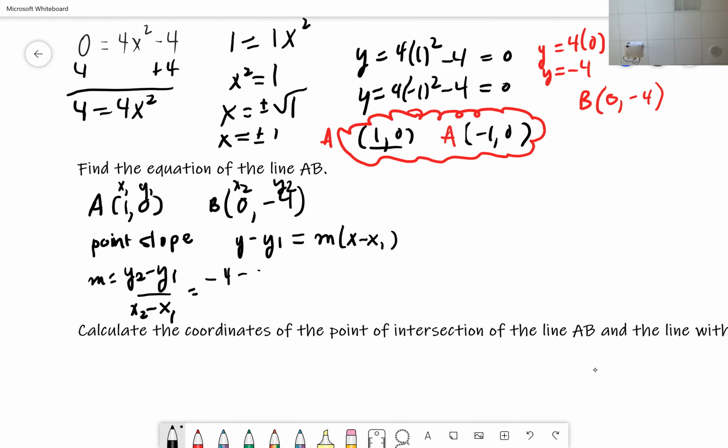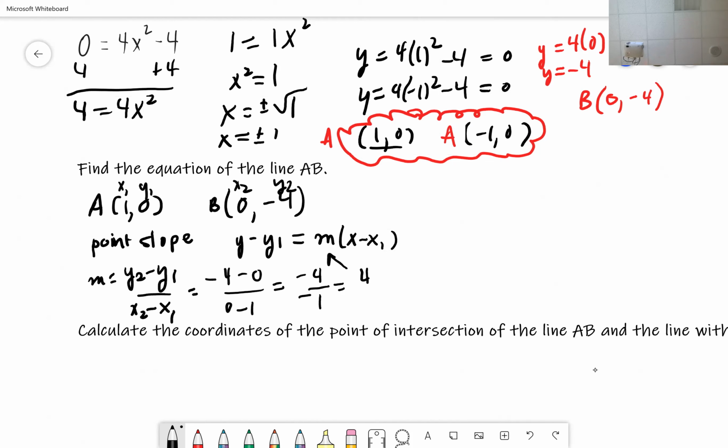-4 minus 0 divided by 0 minus 1. -4 divided by -1 equals 4. So now we have the slope. Do we have an x1 and y1? Yes, we do.